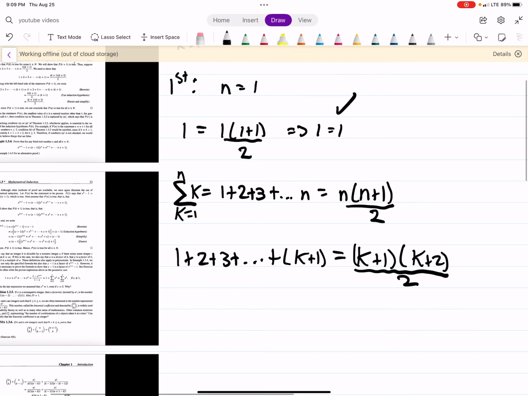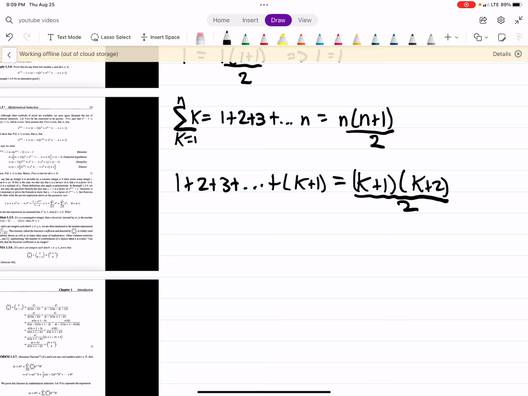Well, if we rewrite this slightly differently, you could see that this is equivalent to 1 plus 2 plus 3 plus ... and the term before k plus 1 is going to be k, plus k plus 1. So we're adding to the sum up to k the next term, k plus 1.